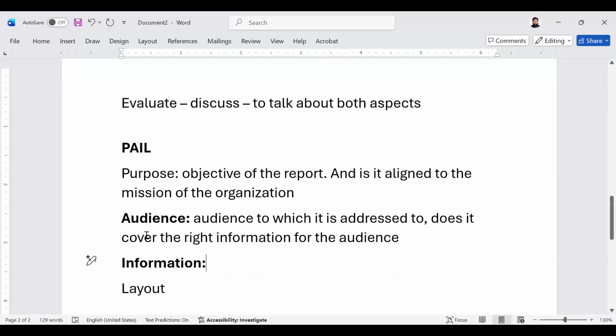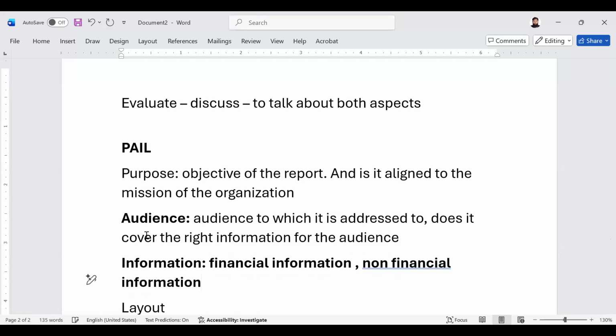Then, is it financial, non-financial, comprehensive, multidimensional?